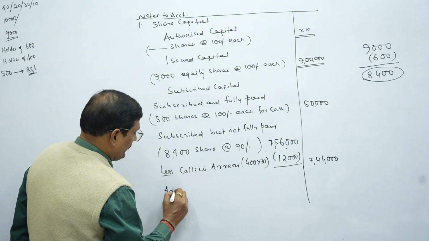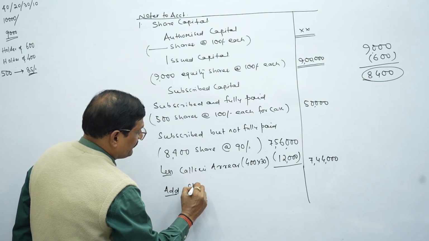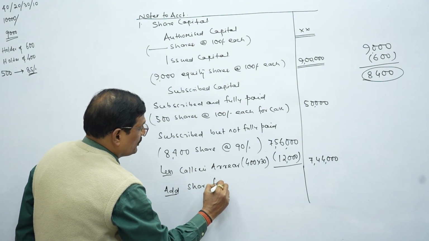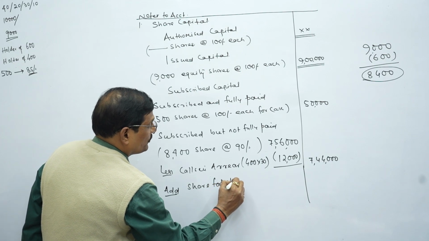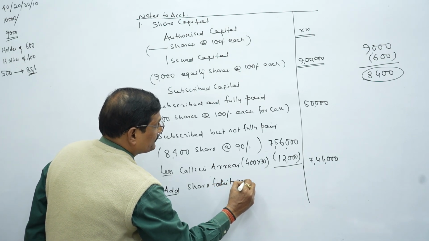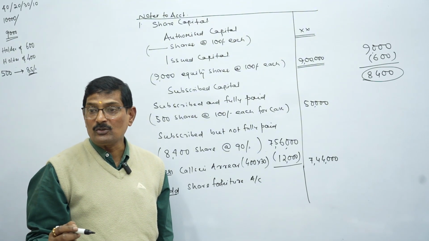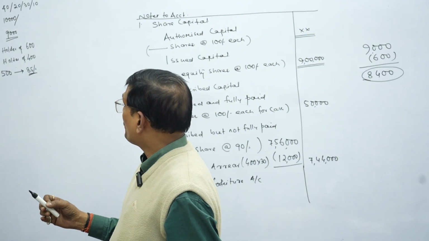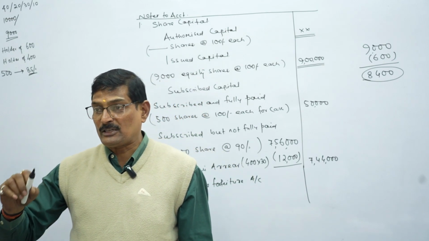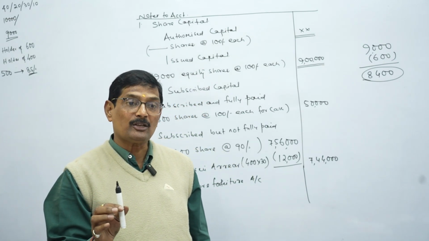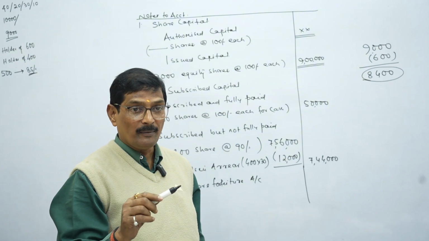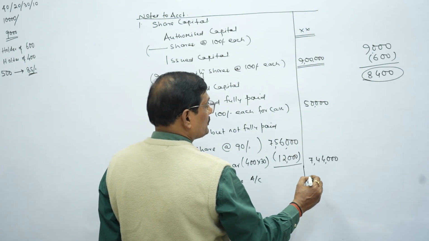And add share forfeiture account, the forfeited shares which are still with us, 100 shares. Against those 100 shares we have collected how much? They have not paid allotment and first call, means they paid only application. 100 into 40, right? That is 4,000 rupees.